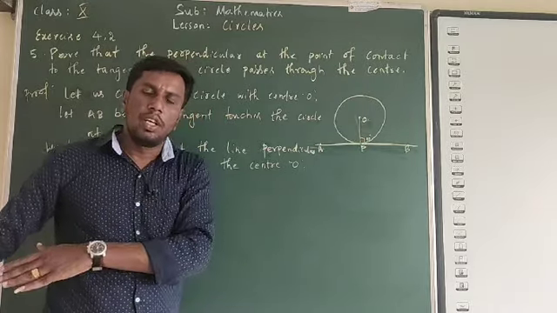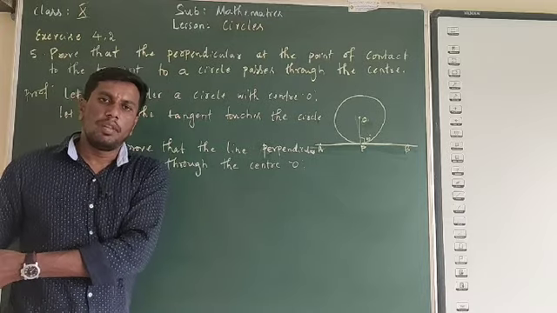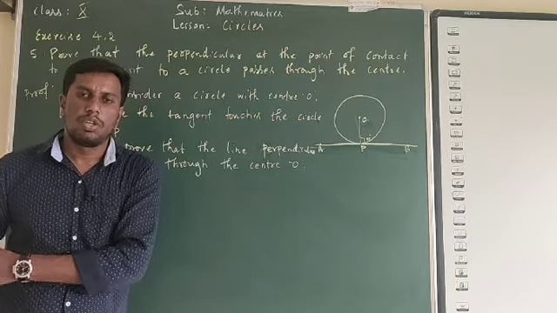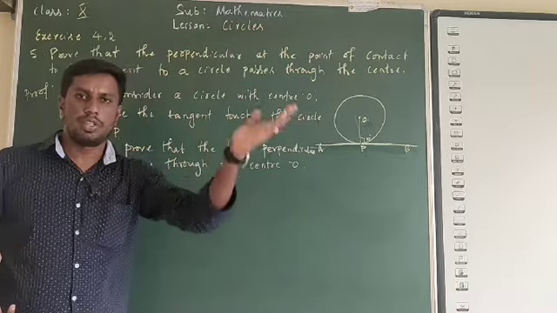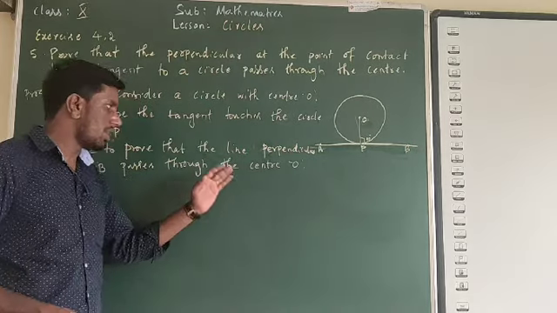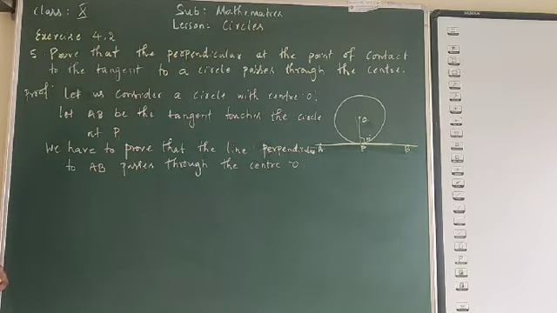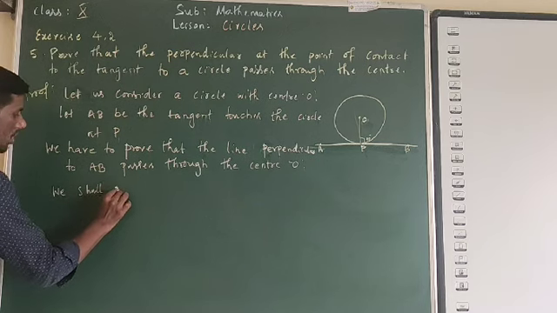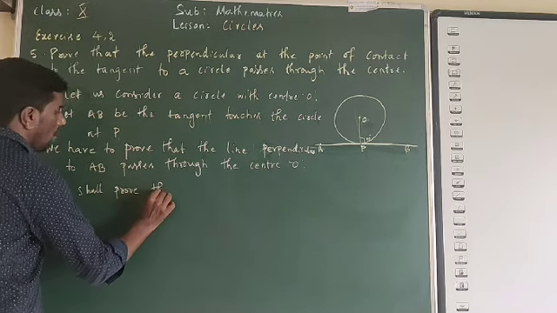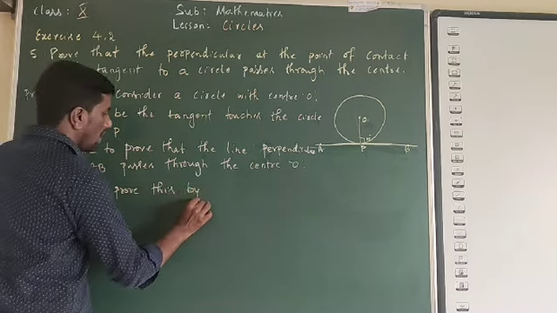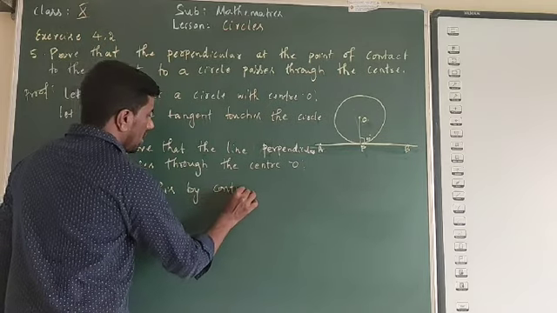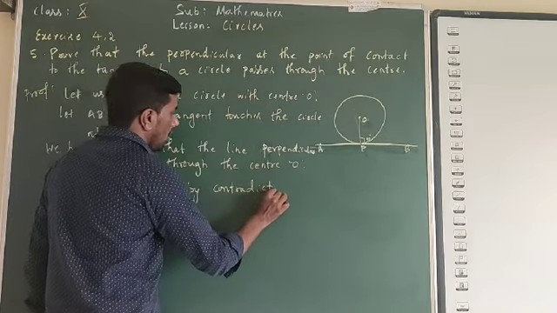In the end, we will come up with some wrong statement. So that will conclude that our assumption is wrong. That is the contradiction method. So we shall prove this by contradiction method.